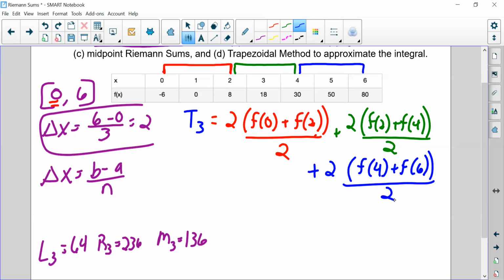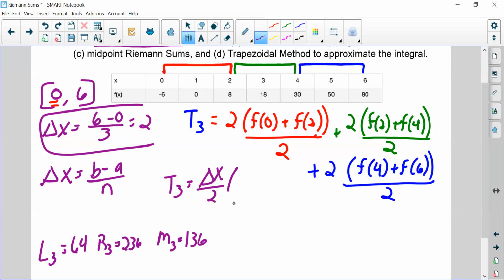Is there a condensed way I can write this? So I could say, okay, I take my delta x divided by 2. In this case, I get 2 divided by 2, which is 1, so that cancels out, right?